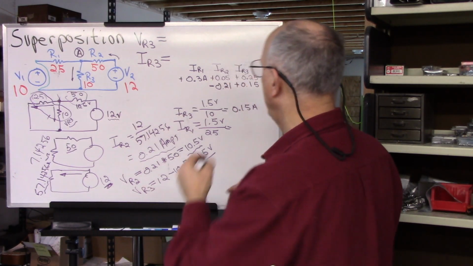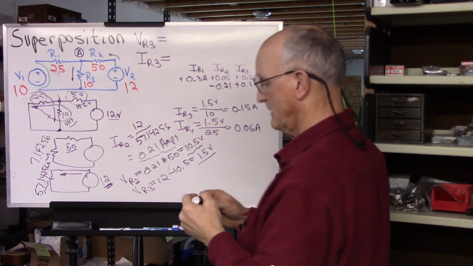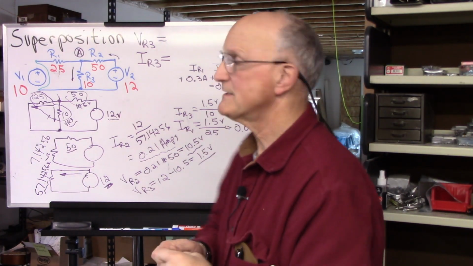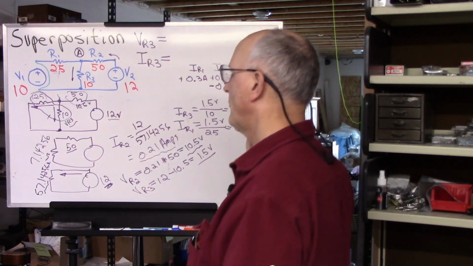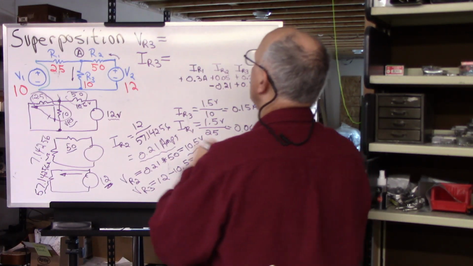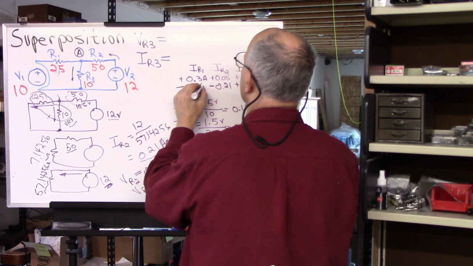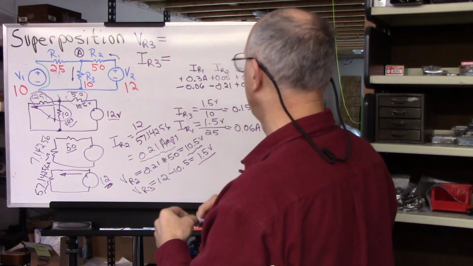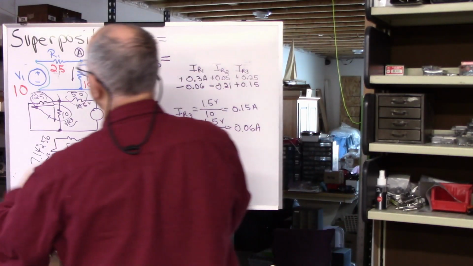And that comes to be 0.06 amps. That's 0.06 amps, but what direction is it going? It's going right to left, so that makes it negative because that's what we decided. So minus 0.06 amps. Now we've calculated all the currents in both directions.